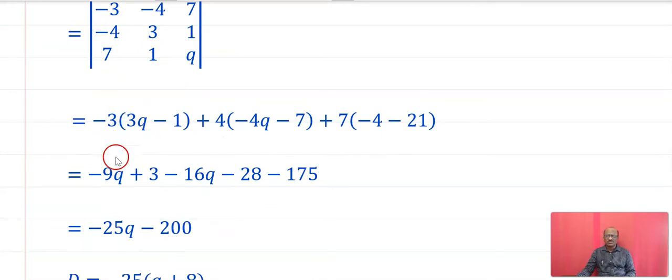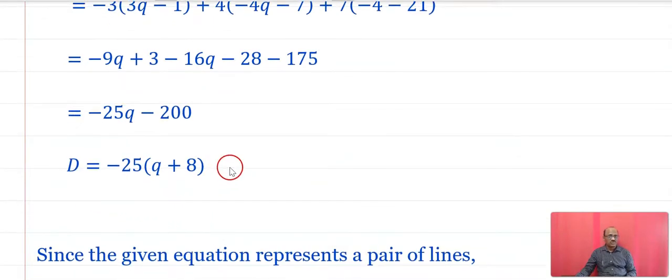The product of these two, minus 9q plus 3, minus 16q minus 28, minus 4 minus 21 minus 25, minus 25 into 7 minus 175, and overall you will get plus 3 minus 28 minus 25 minus 25 plus 175, that will become 200, and that's why minus 25q minus 200, and that's equal to 0.